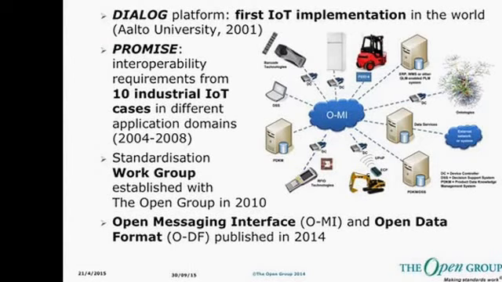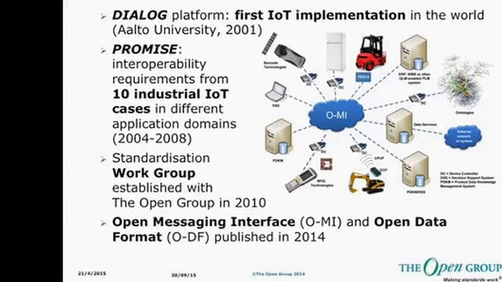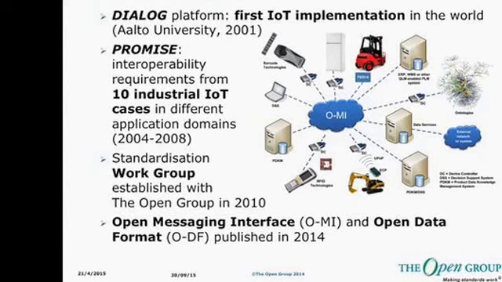Yeah. Industrial companies participating in that project, and I guess they had some input as to what would be useful features in the protocols. We were actually implementing this. We had six different industrial implementations of the predecessors of OMI and ODF, and that included SAP, for instance.